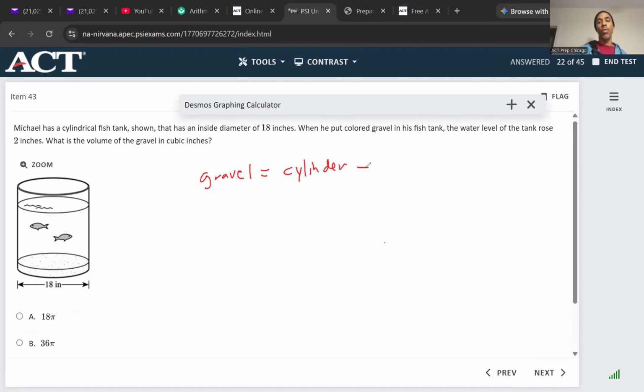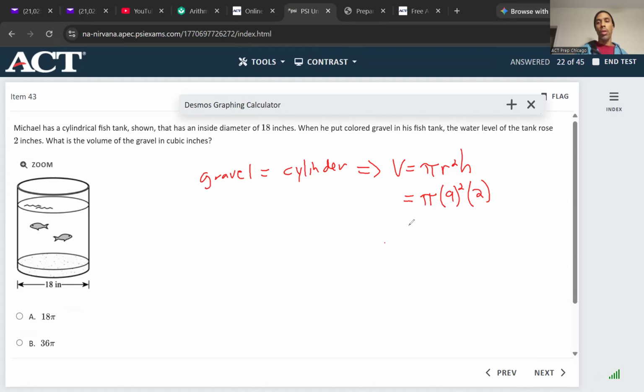The volume of a cylinder, you would need to know this, equals pi r squared times your height. So this is just background you got to know. The radius of that cylinder is not 18. That's the diameter. So the radius is 9, squared. And the height we said was 2 inches because that's what the water level rose.